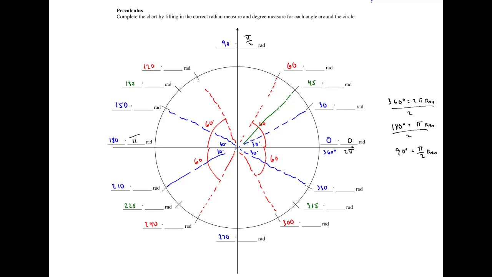Well, what if we split this up even further? What if we take 180 and divide by, let's say, 3? That would be 60 degrees is equal to pi over 3. So 60 degrees is pi over 3 radians.